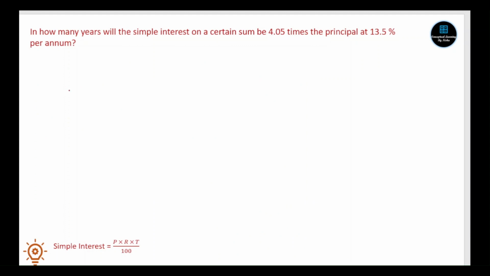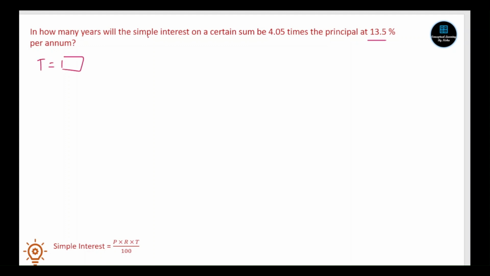Okay, interesting question. In how many years will the simple interest on a certain sum be 4.05 times the principal at 13.5% per annum? See what is given and what is asked. So we have to find in how many years, means T we have to find out.